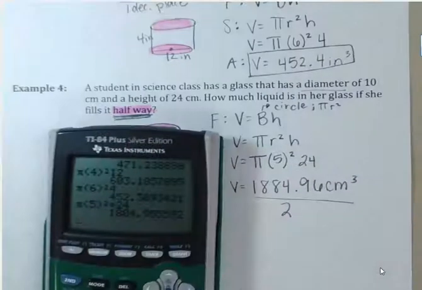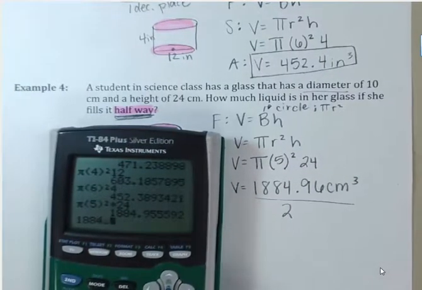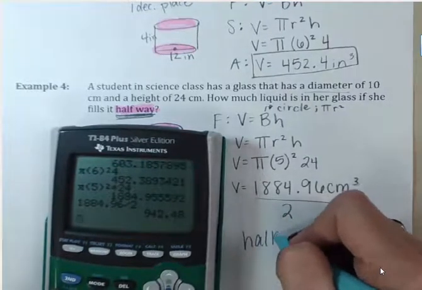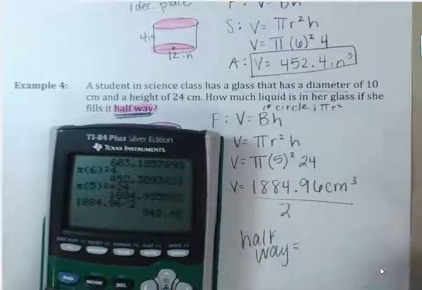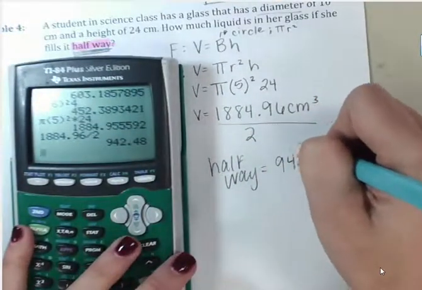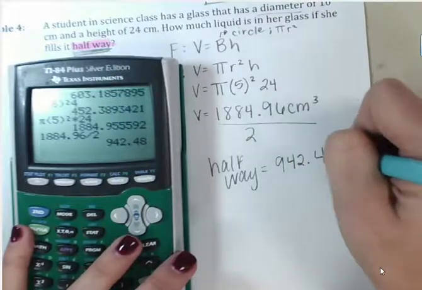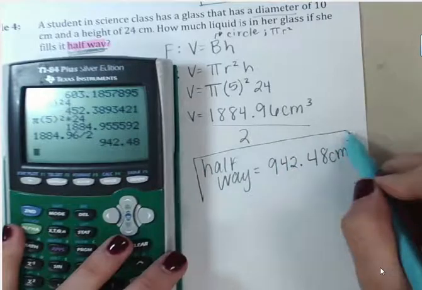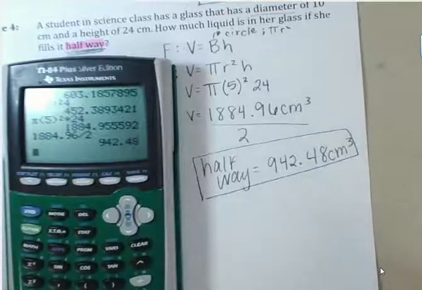So halfway is going to equal 942.48 centimeters cubed. That's what it is, halfway.